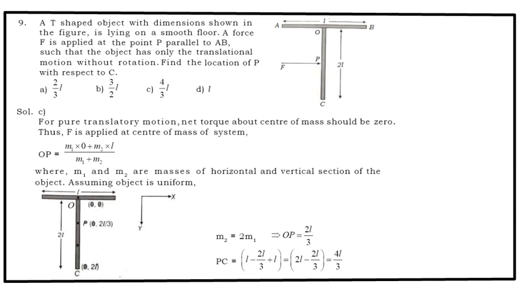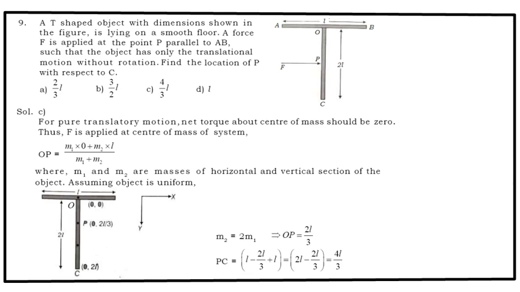The coordinate of the vertical line, which you can see, since its length is 2L, its center of mass will have a coordinate 0 and L. So I know the formula that OP is equal to m1y1 plus m2y2 upon m1 plus m2. m1 is m, y1 is 0, m2 is equal to twice of m because the second part has double the length, and its center of mass y2 is at L. So if I substitute that, I get OP is equal to 2L by 3.